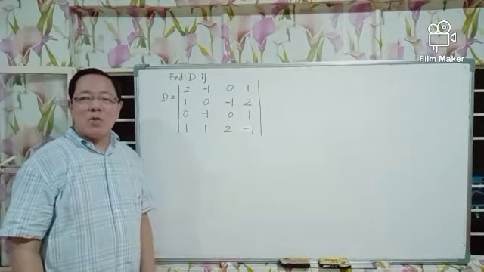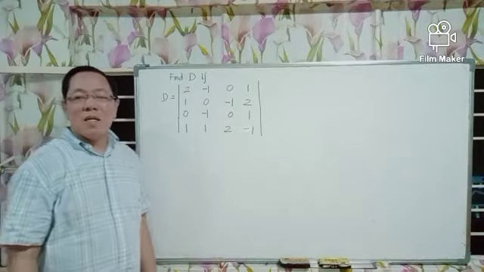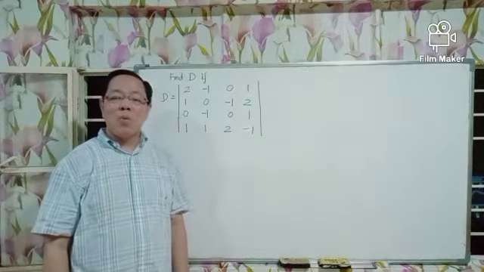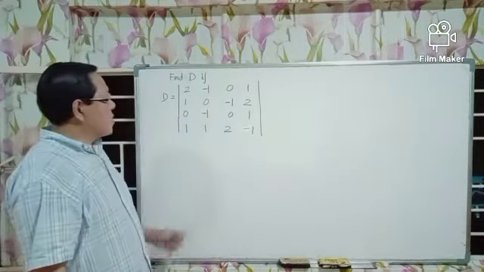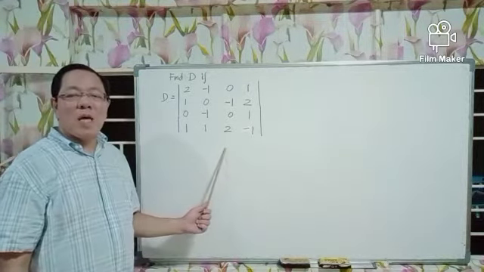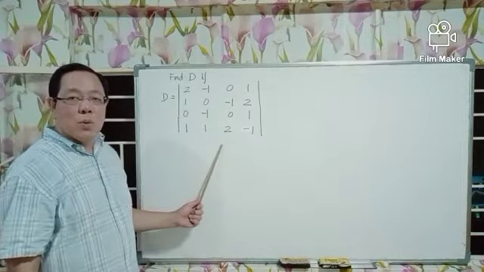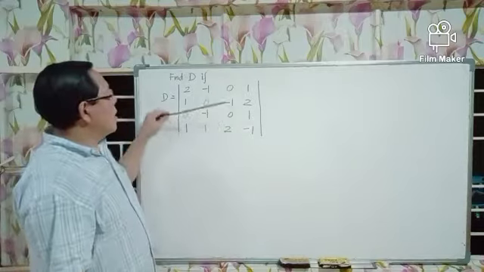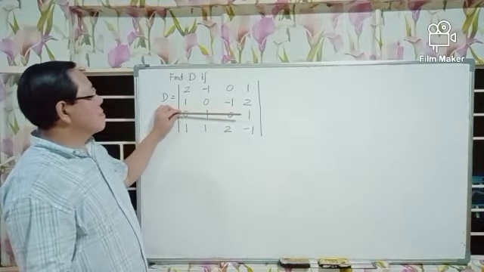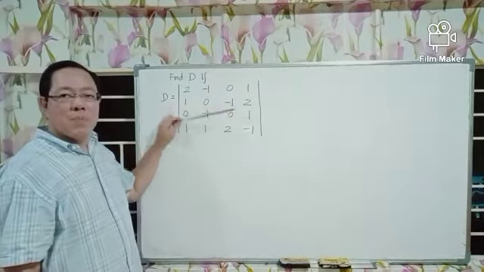Again, the easiest way to evaluate a determinant is in terms of any row or any column with the greatest number of zeros. By inspection of this determinant, we have the greatest number of zeros, 2, in the third column and in the third row.